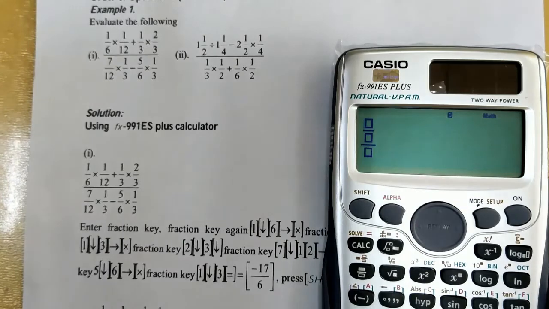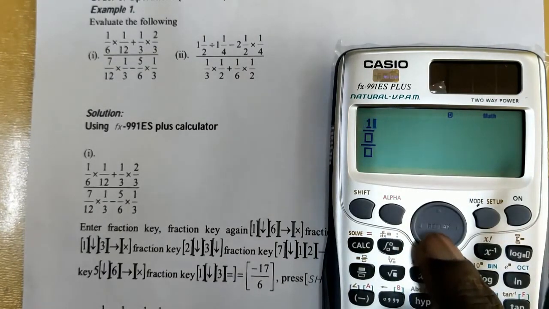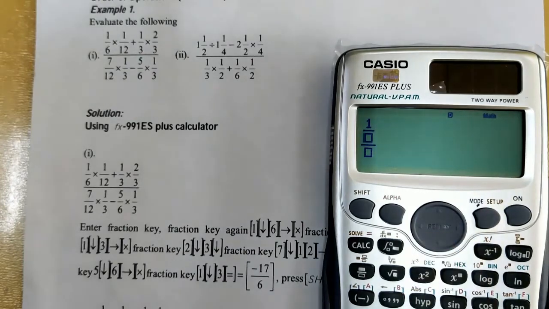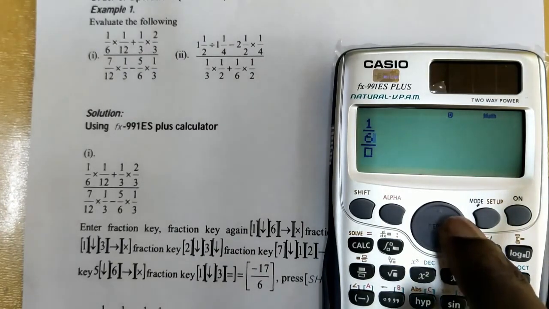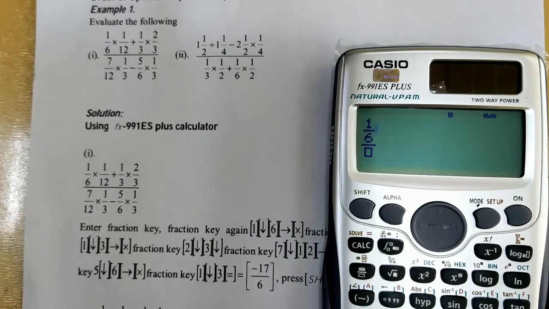So the first thing you have to do is to just enter 1, replay key down, and you go 6, and right replay key. Then you enter your multiplication sign. Then you go to the shift key again, 1, replay key down, and you have 12.